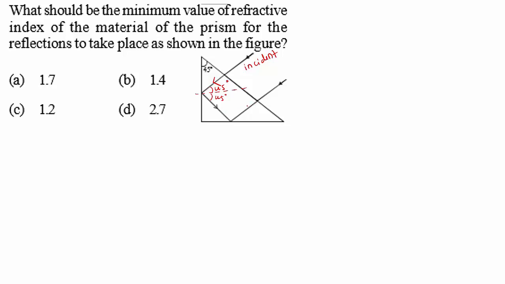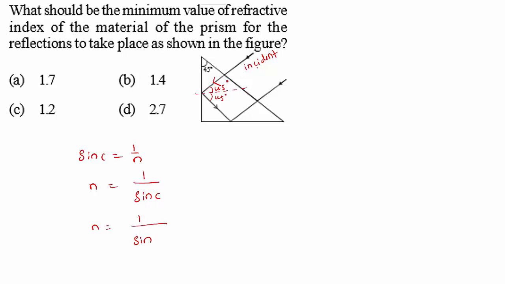Now here the angle of incidence is 45 degrees. So we can use the equation sin C equal to 1 divided by n. We want the minimum value of refractive index, so n equal to 1 divided by sin C, the sine of the critical angle.